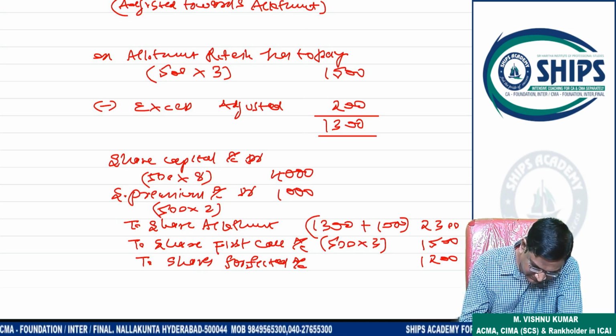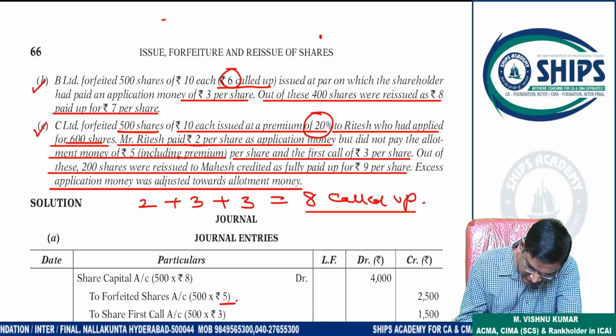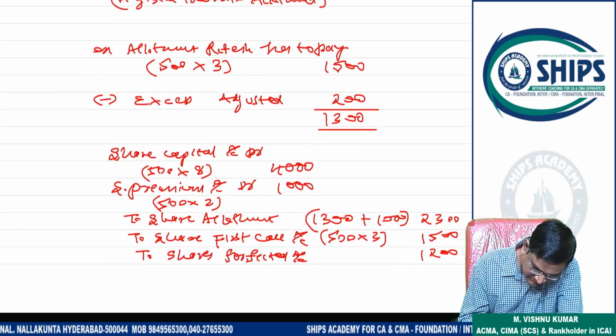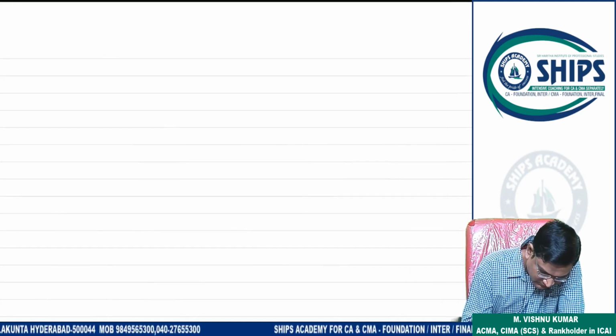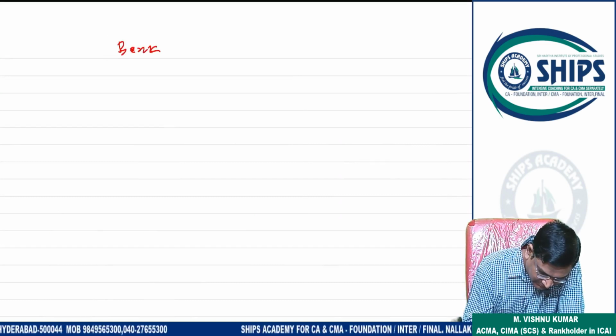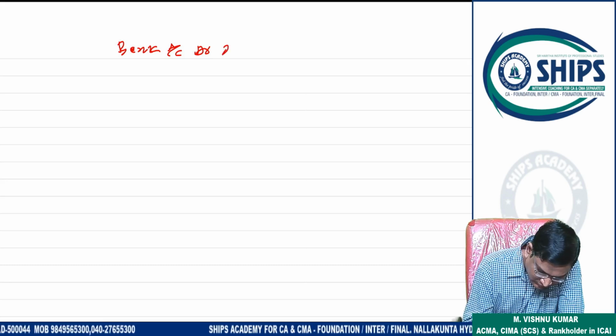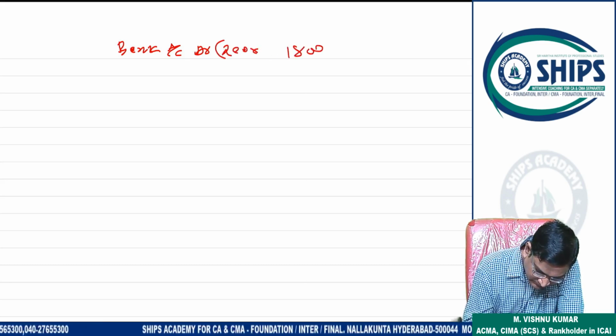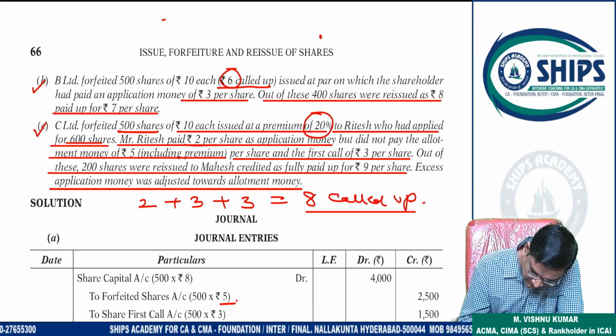Now the reissue entry. So how many shares are issued? 200 shares, 9 rupees reissue price. So bank account debit: 200 into 9. Okay.